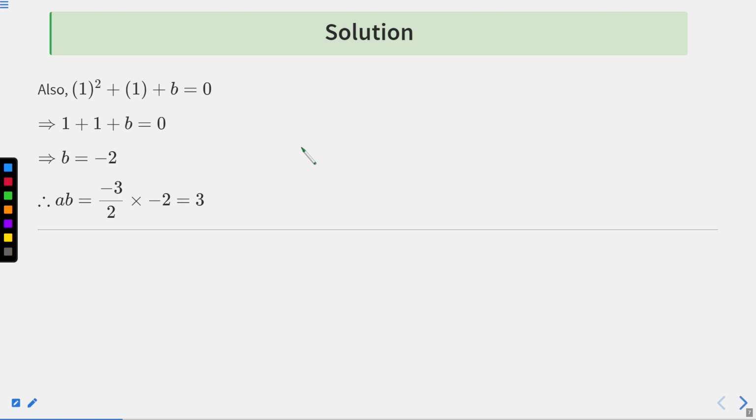So the value of b is -2, and we already have a equal to -3/2.